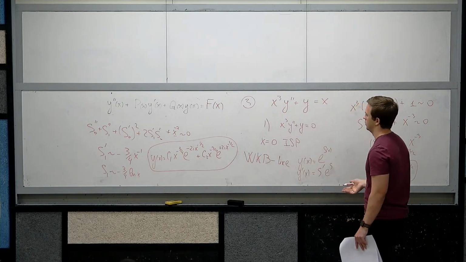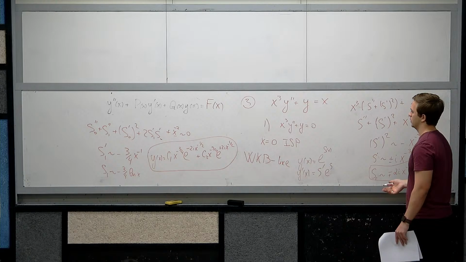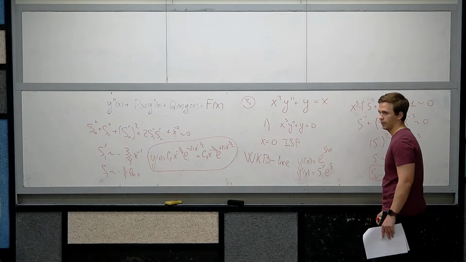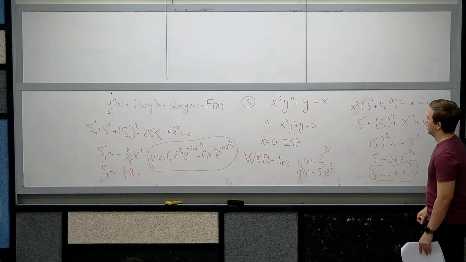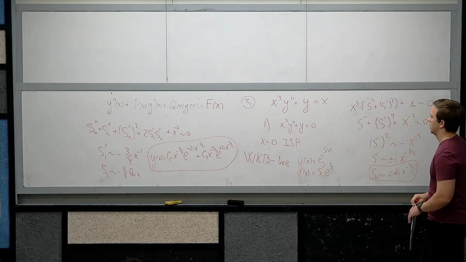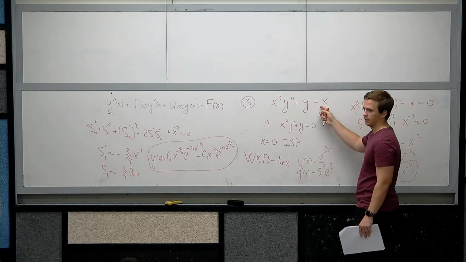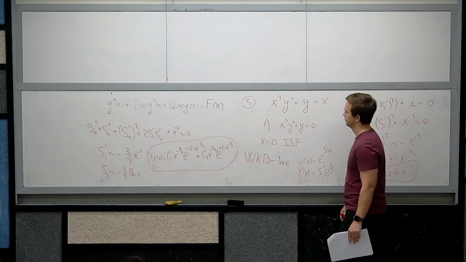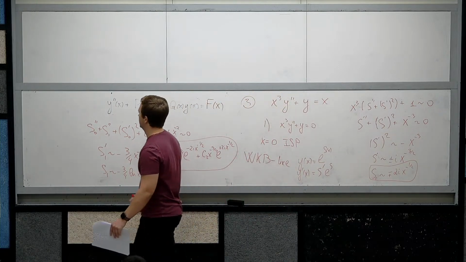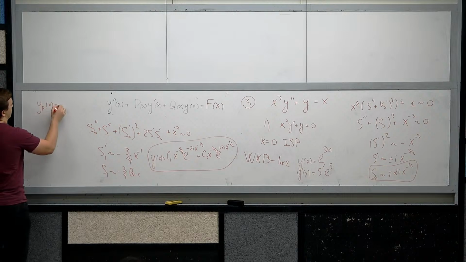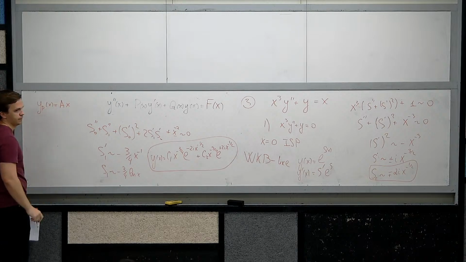And now we need to find the particular solution. Okay. And as usual, we can try to find it in the form of a polynomial. We just look at the right hand side and try to find it in this way.